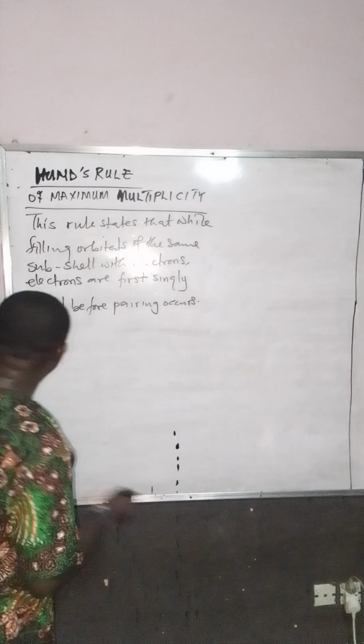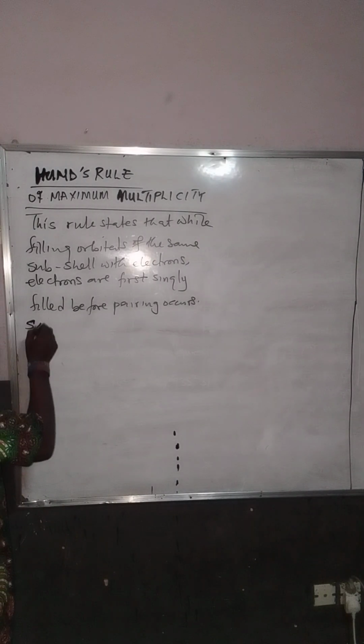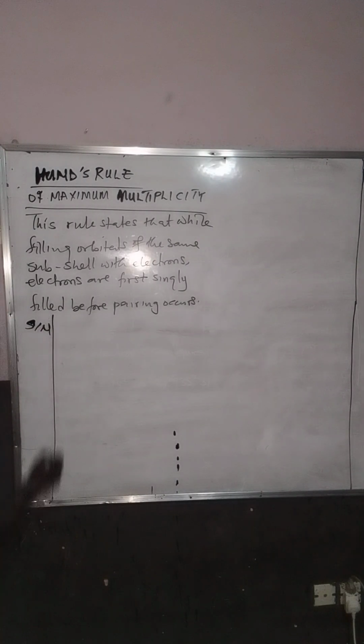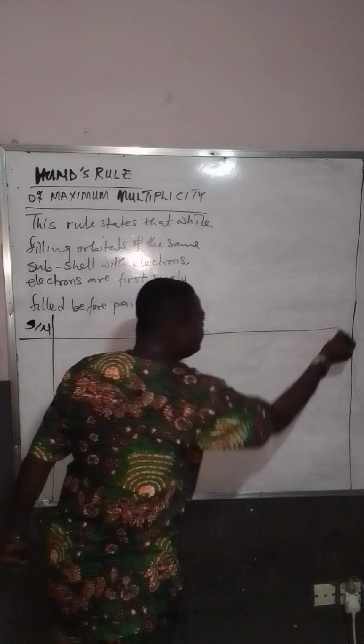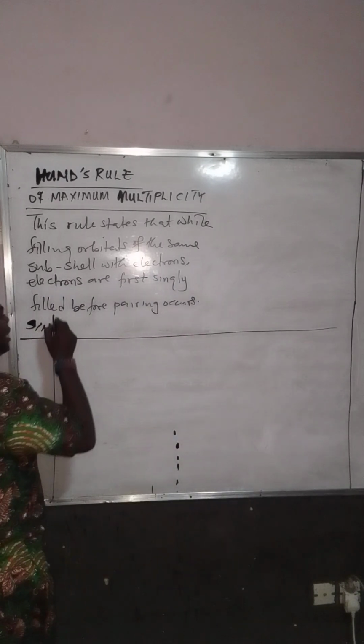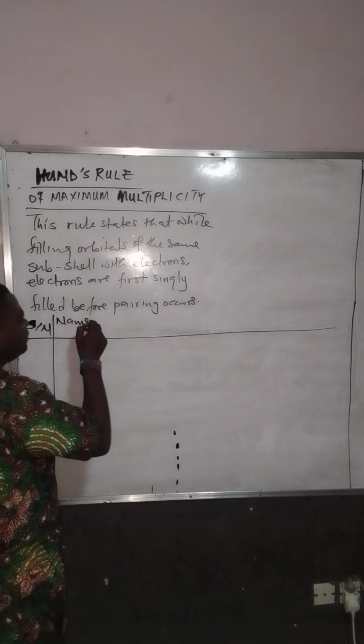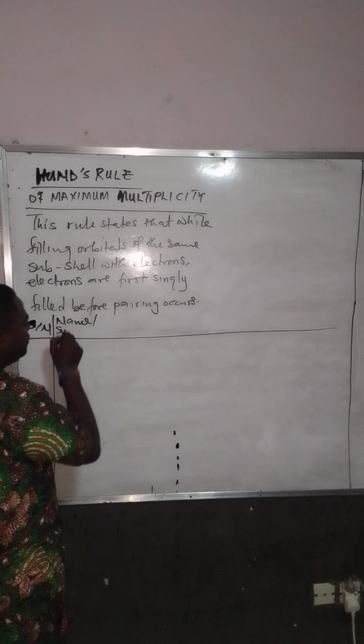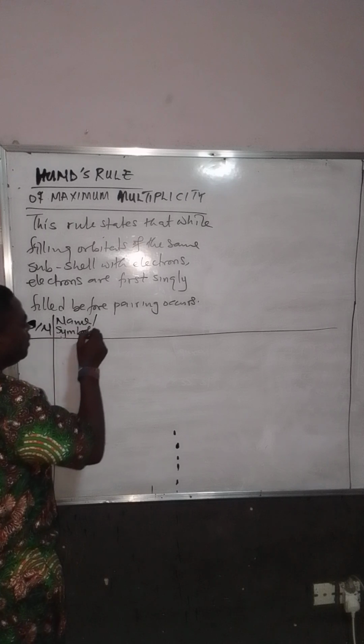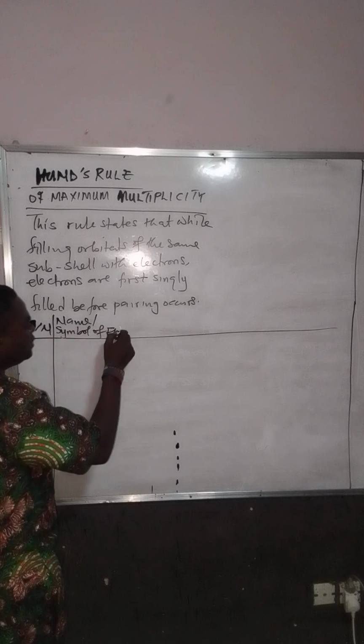Now, let's look at this table. Serial number, then we have name and symbol of elements.